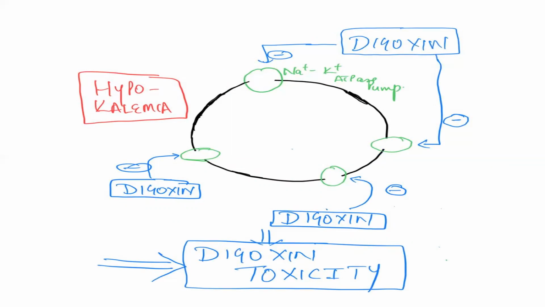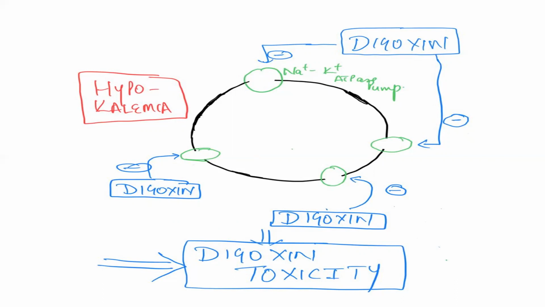This is one cation which I really want you to remember, calcium, potassium. So hyperkalemia is a side effect of digoxin. Hypokalemia increases digoxin toxicity. And what happens if the patient is having hypercalcemia? Remember, the sole purpose of digoxin was to increase intracellular calcium. The patient is already having hypercalcemia.